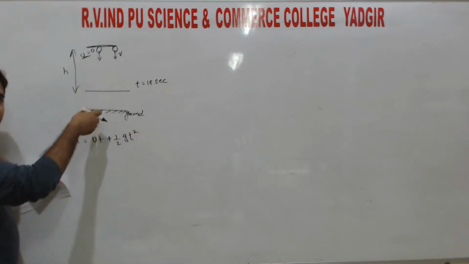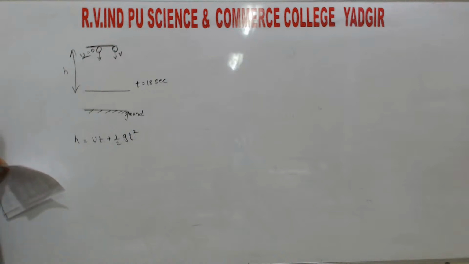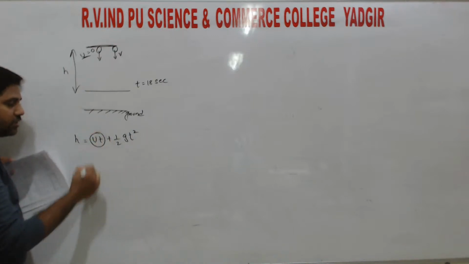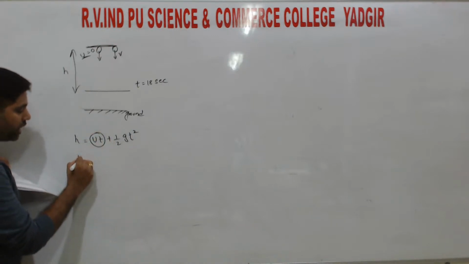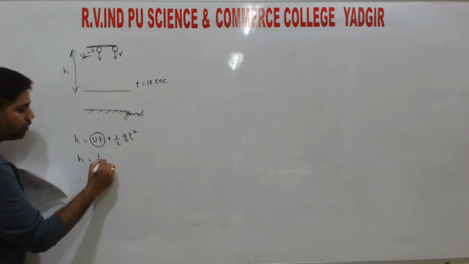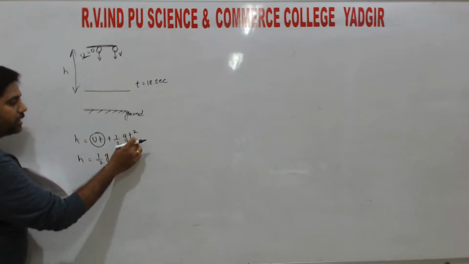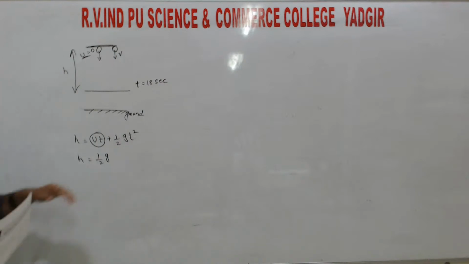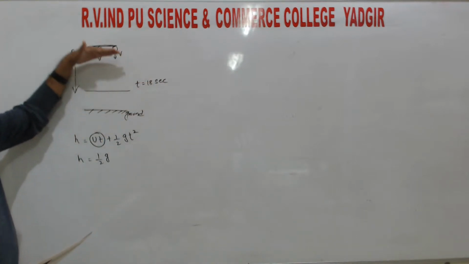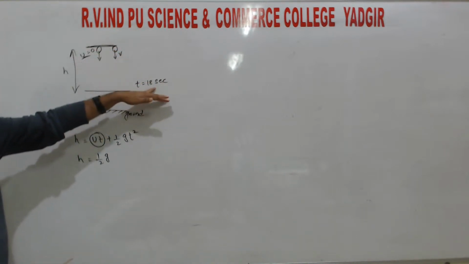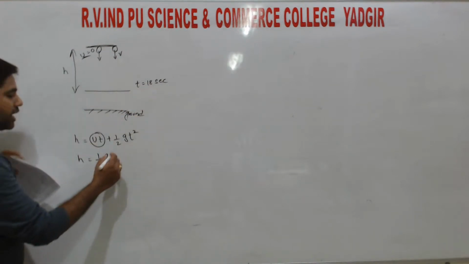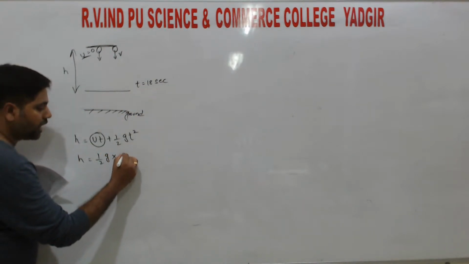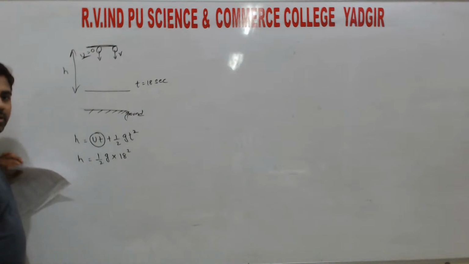It's vertically downward motion, right? Initial velocity is 0, so h equals half g, time 18 seconds. Initially they dropped this one, so that's for 18 seconds, so the time is 18 square, right?